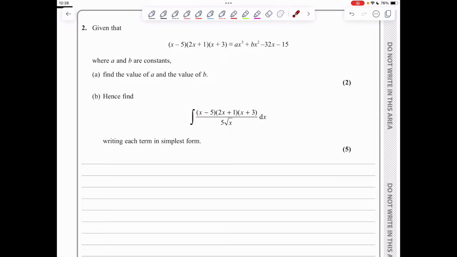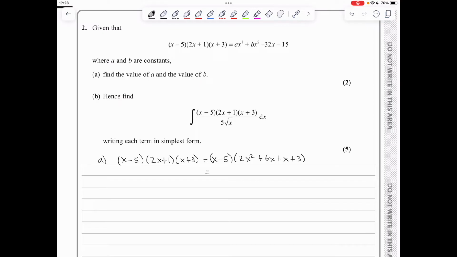In question 2, we are given that the expansion of this triple bracket is ax cubed plus bx squared minus 32x minus 15, with a and b being constants that we need to determine. So we start off by expanding the triple bracket. It's x minus 5 times 2x plus 1 times x plus 3. I will start by expanding the last two brackets, so the x minus 5 stays there, and I have 2x squared plus 6x plus x plus 3.